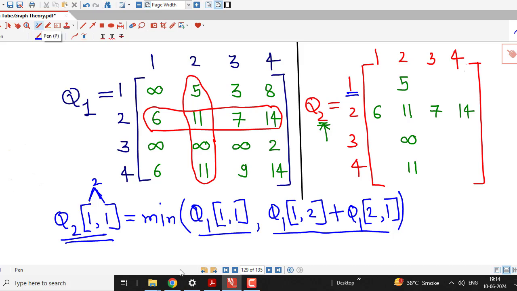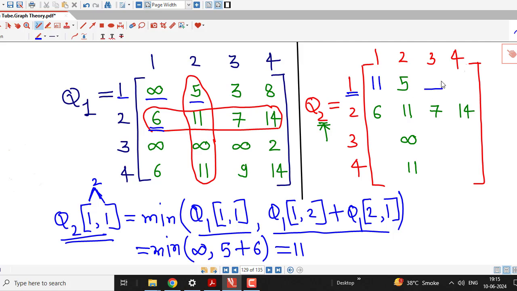Now we can see here, q1 of 1 1 is infinity, q1 of 1 2 is 5 plus q1 of 2 1, which is 6, 5 plus 6 is 11, and the other number is infinity, so the minimum is 11, therefore this entry is 11.